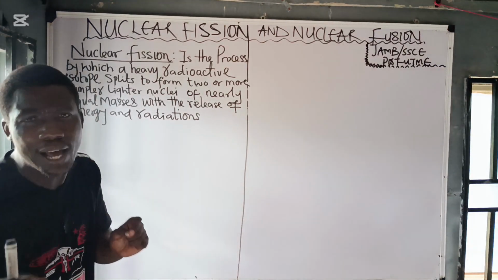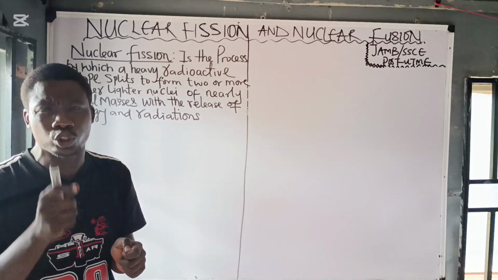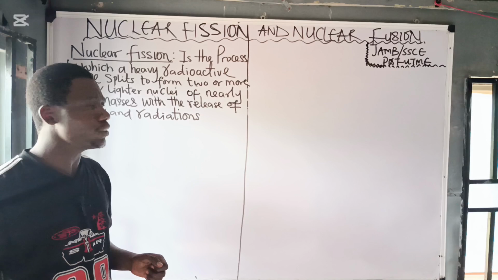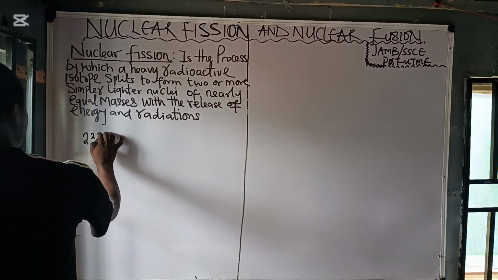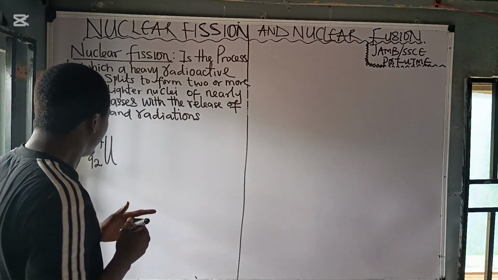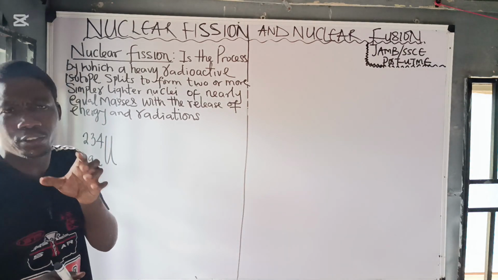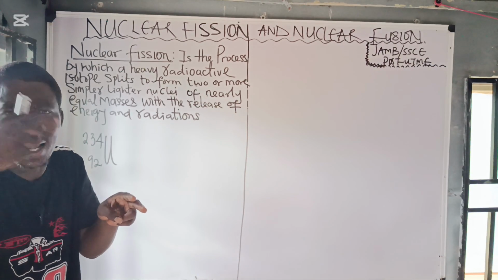In this particular radioactive reaction, a heavy isotope such as uranium-234, 92 uranium, such as uranium. This uranium is a heavy radioactive isotope. It becomes broken down into two or more lighter nuclei.